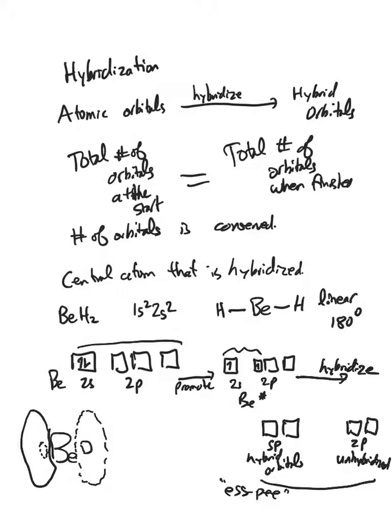And so each of these can overlap with a 1s orbital that's unhybridized from the hydrogen. So I'm going to simplify things a bit. I'm just going to draw a hybrid orbital like this. And you need to know that there's also the little bump, the other lobes that are there. Those aren't electrons, but those are the lobes. And in the future, I'm just not even going to draw those at all to try to simplify matters.